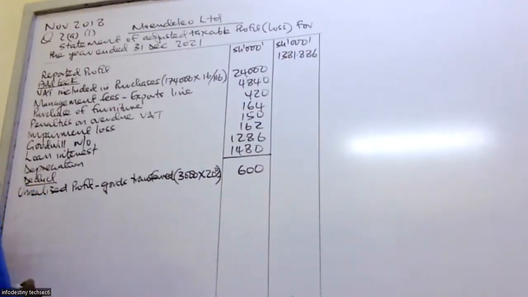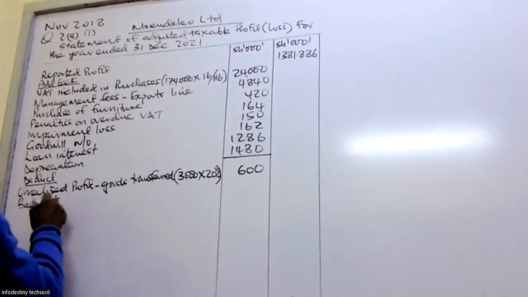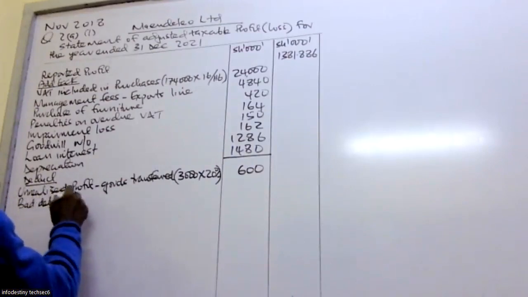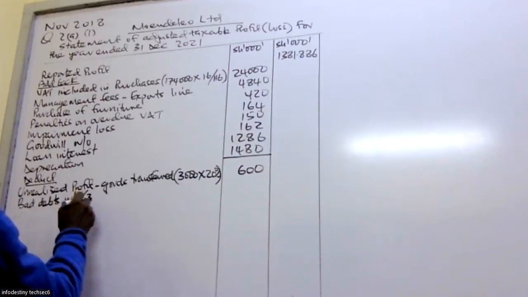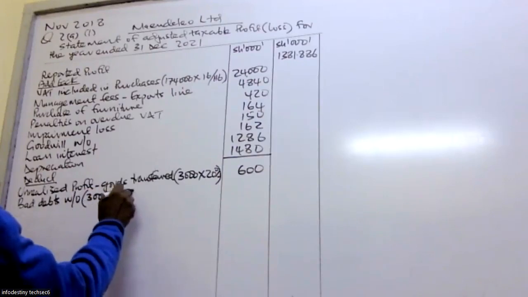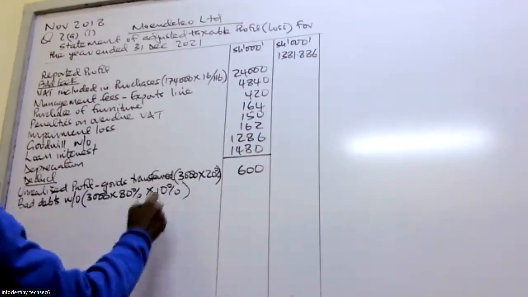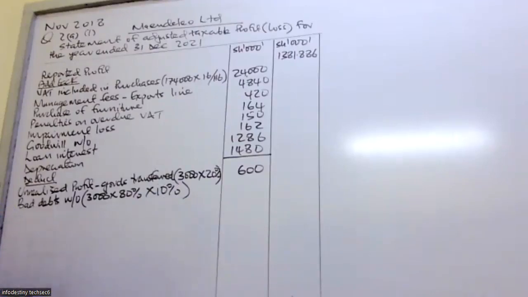So for that customer, we'll have bad debts written off. Out of the goods which were 3,000, 80% were sold, then 10% were not paid for out of the 80. So that's 240.